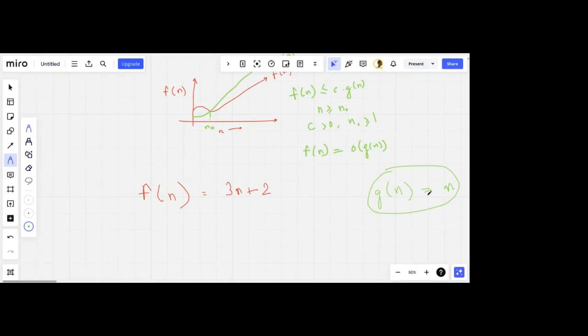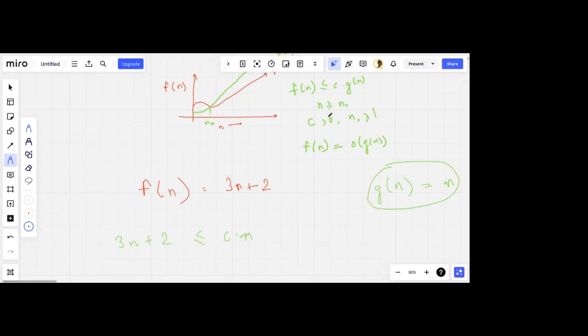Now guys, if g of n is equal to n, can you prove that 3n plus 2 is less than or equal to c into n, for some c greater than 0 and any n greater than n naught?